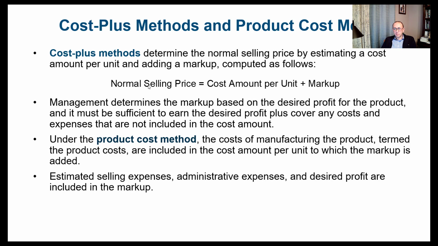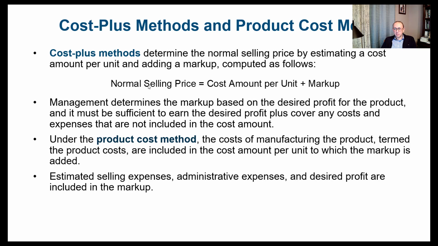So management determines the markup based on the desired profit for the product and must be sufficient to earn the desired profit plus cover any costs and expenses that are not included in the cost amount. What do I mean by that? So under the product cost method, the cost of manufacturing the product, termed the product cost, is included in the cost amount per unit to which the markup is added.